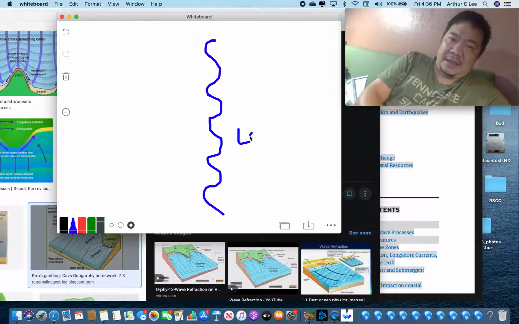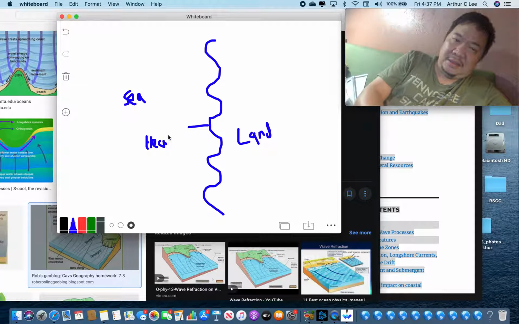So this is the land, and here's the sea. Okay, these points of land that stick out into the ocean are called headlands.